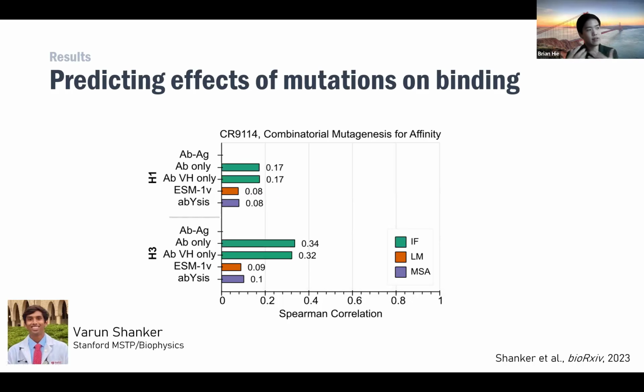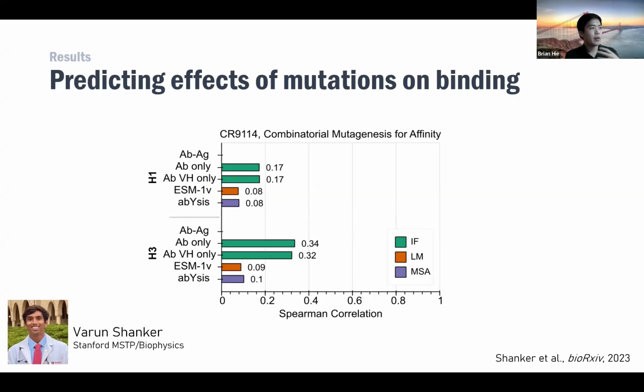When we use an inverse folding model to score mutations to an antibody, the correlation between the likelihood of those mutations and experimental binding affinities is better. And this is only when we're providing the model with the structure of the antibody. This makes sense. If you have a mutation that destabilizes the antibody structure by itself, that antibody is also probably not likely to bind to something else.